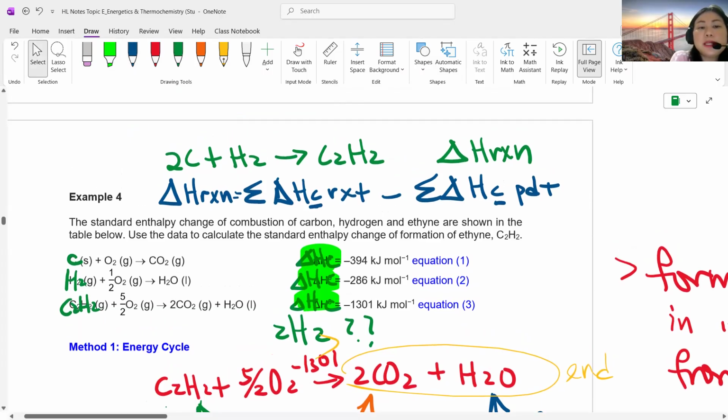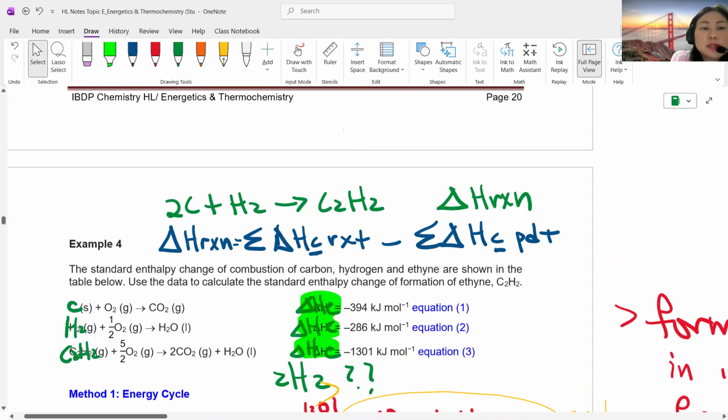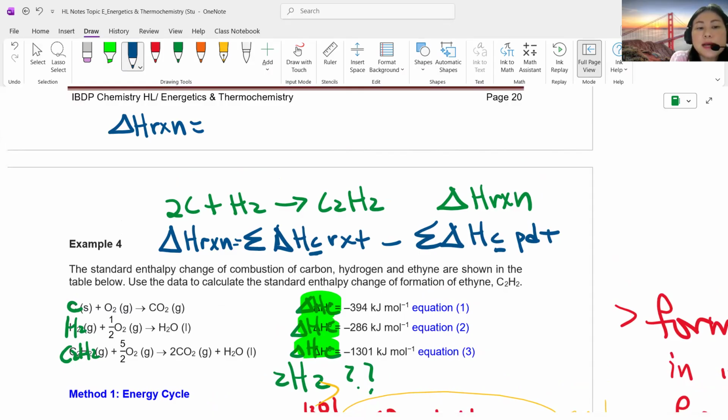Subbing into the equation, delta H reaction equals: reactant is 2 carbon, per carbon is minus 394, so minus 394 times 2. Then under the reactant I also have H2, so add H2, which is negative 286.